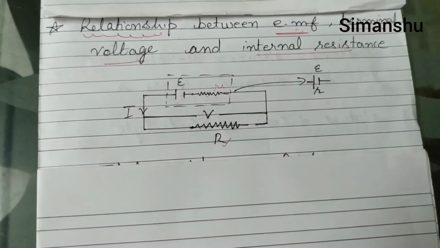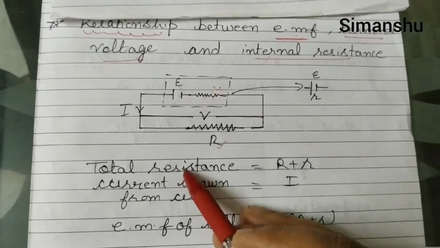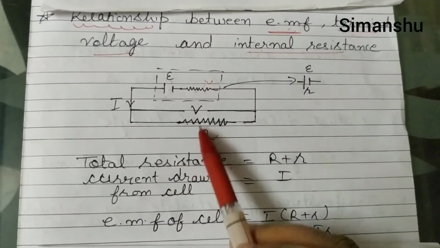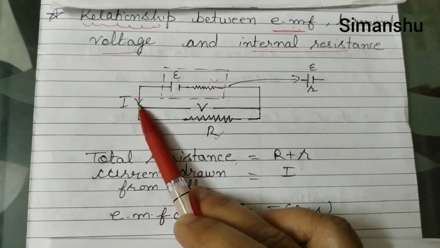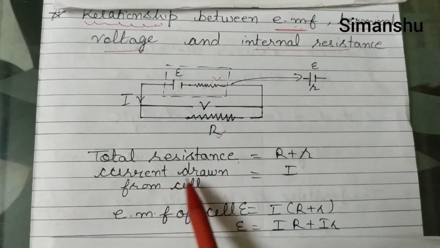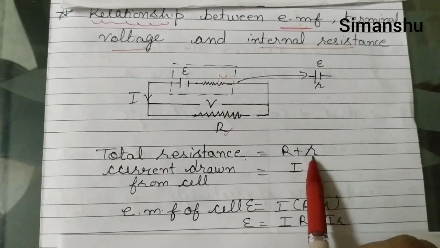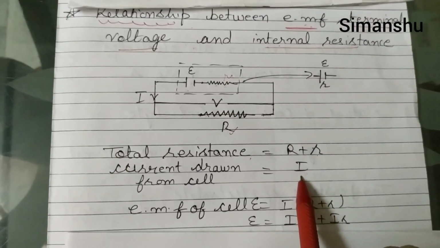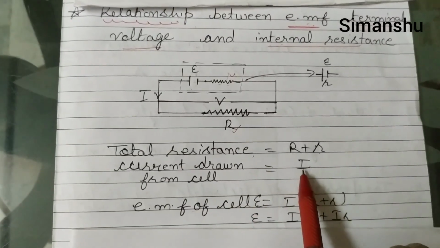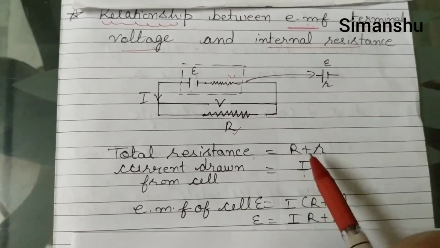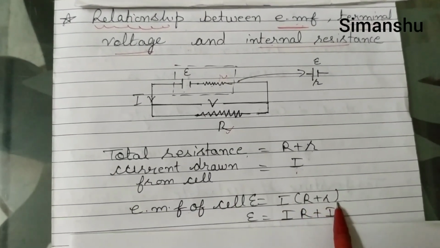So if we calculate the total resistance, it becomes R plus r. The current flowing through it is I, so the current drawn from the cell is I. Total resistance and current we know, so we can calculate the EMF of the cell: current into total resistance, I times (R plus r).